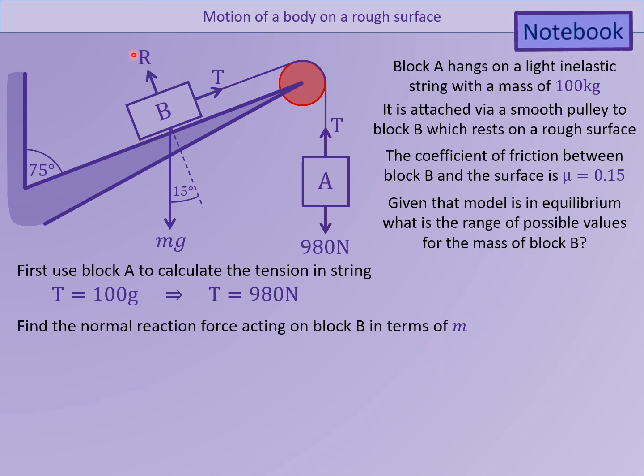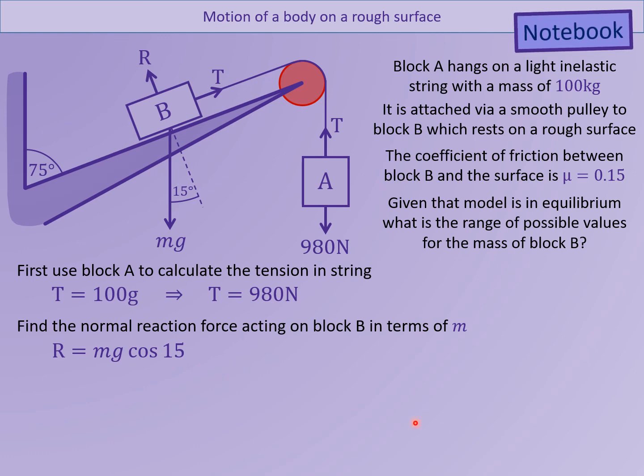We've got the normal contact force that's pushing from the slope, pushing back on B. So we've got all this information, but we're looking at the block about to move. We're going to put the frictional force on in a minute. Now we know that the R value is equal to mg cos 15, or you could have had mg sin 75.